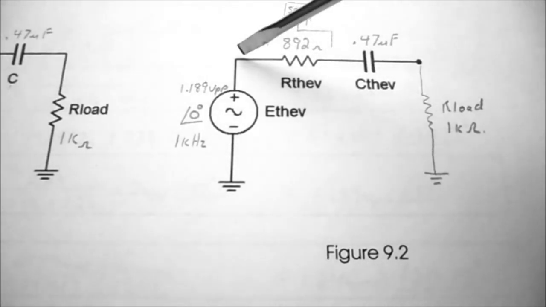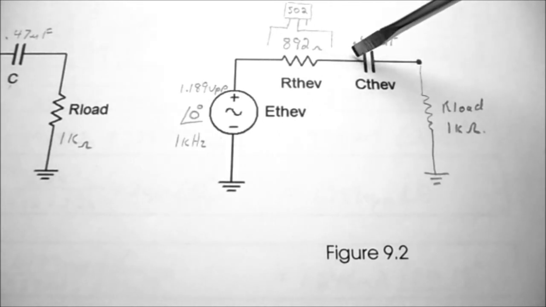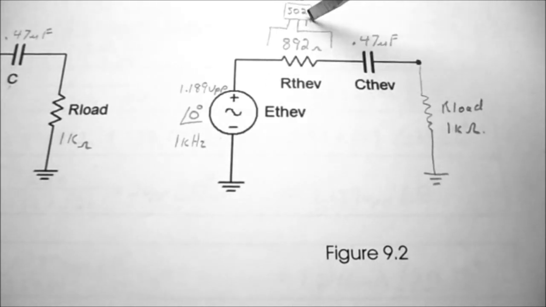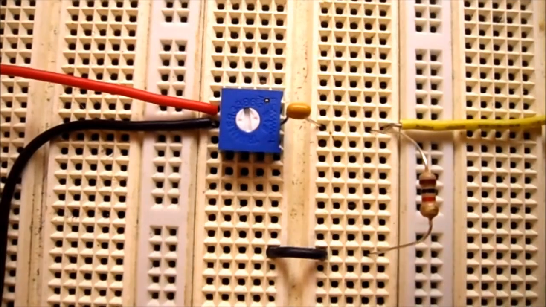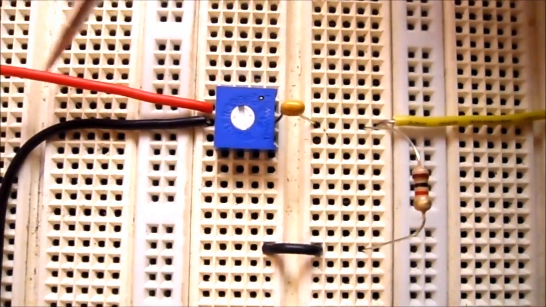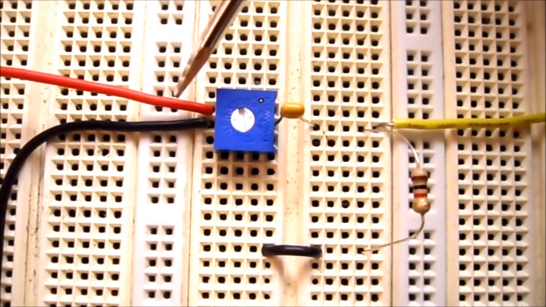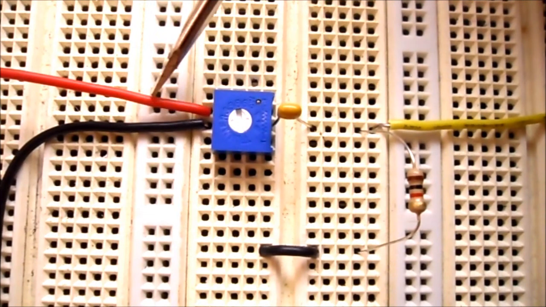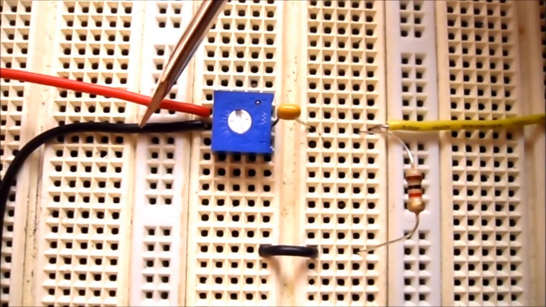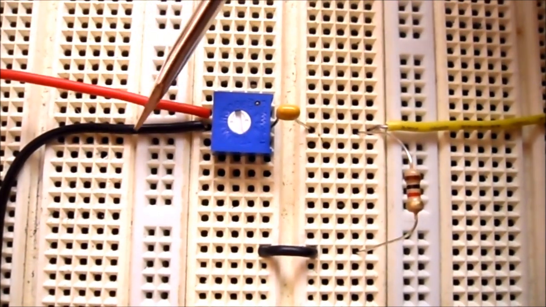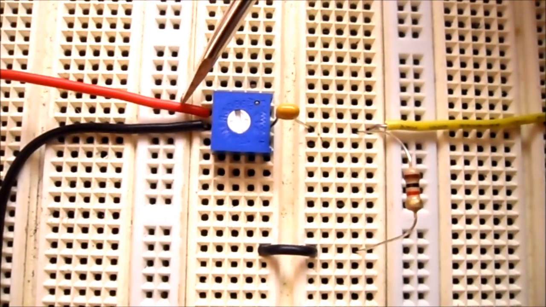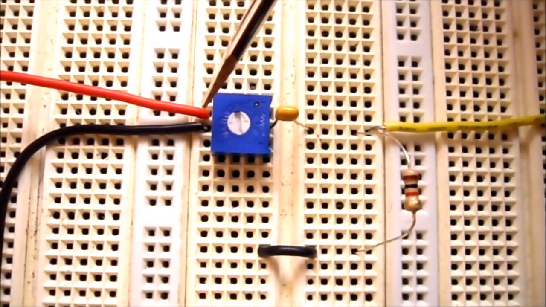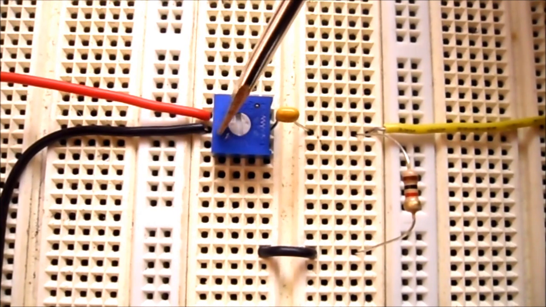One leg goes to my power supply, the center leg goes to the capacitor, and the third leg is not used. So I just want to give you a good close-up of my circuit. You can see the red line I'm going to connect to my ohm meter. The black line goes to the common of my ohm meter, so I can measure the resistance across the two leads.